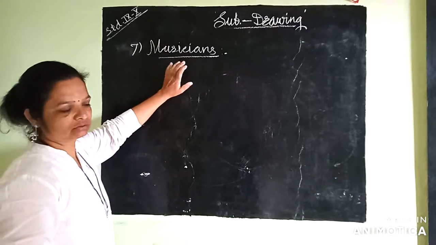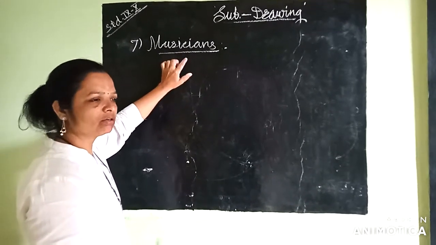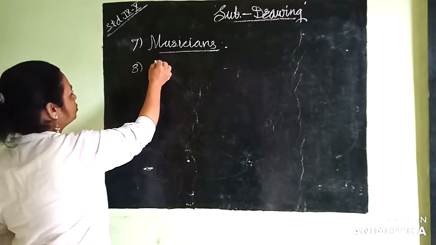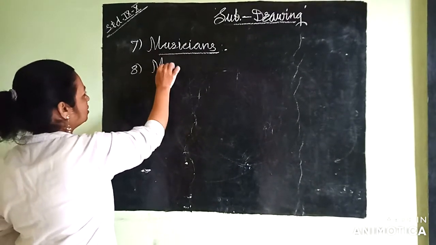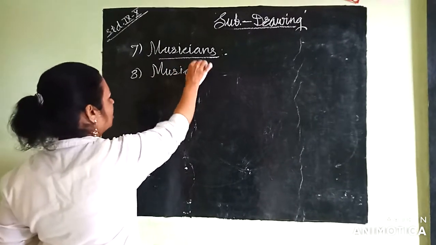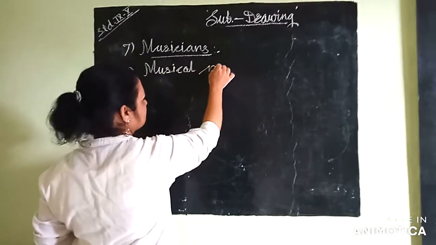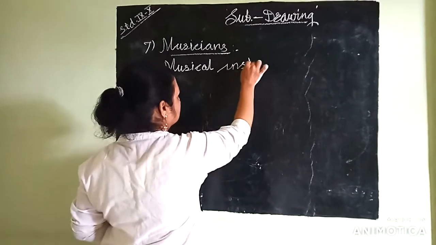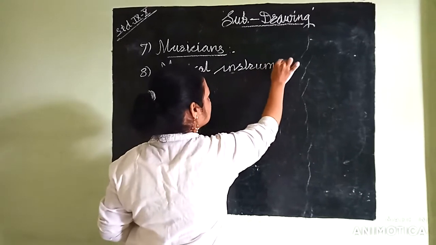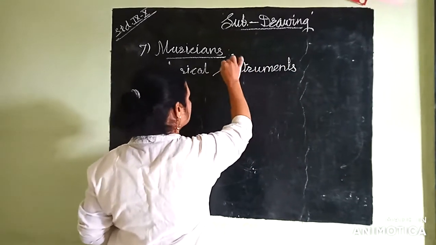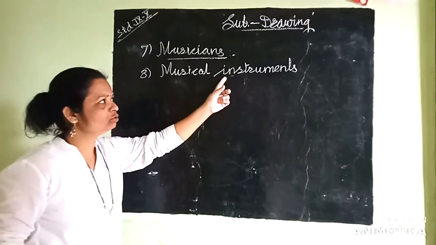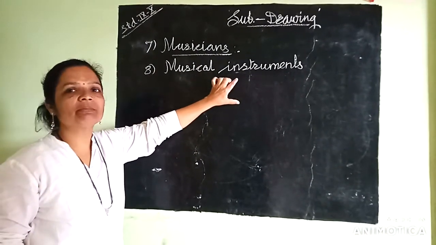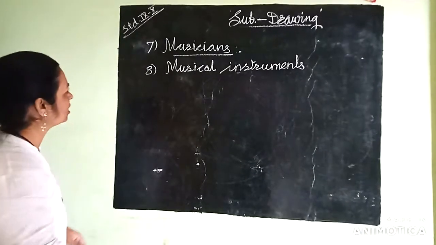So find out the well-known musicians or whichever one you like. This page is related to musicians, then about musical instruments. Which instrument do you like most? So related picture, related information and related artist you can write.